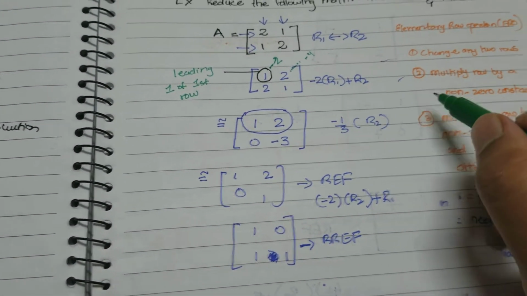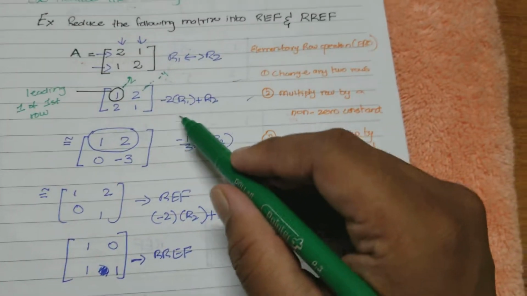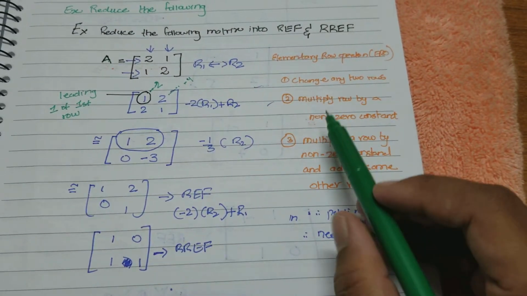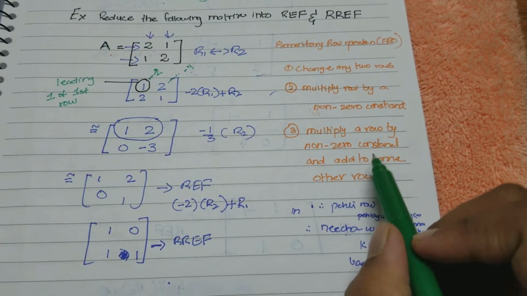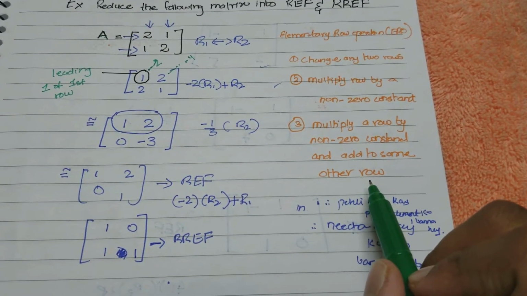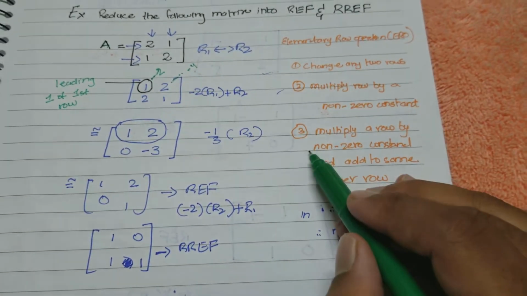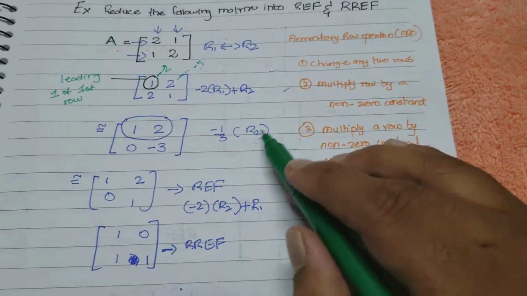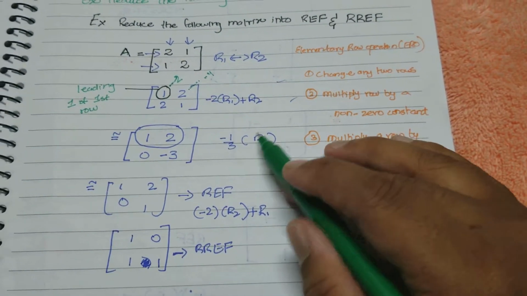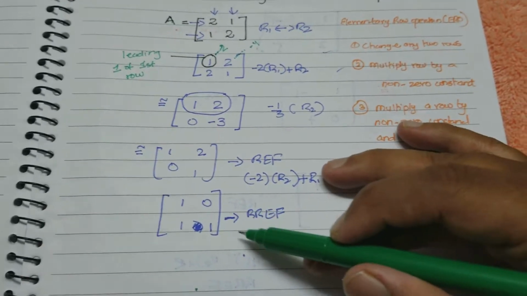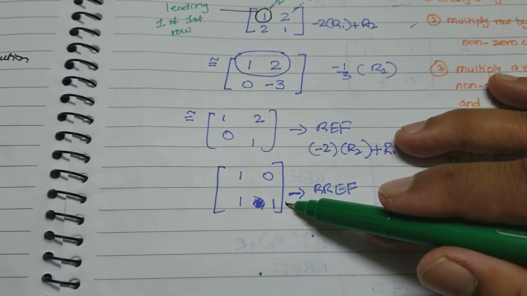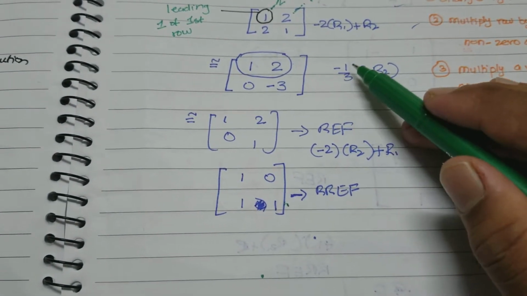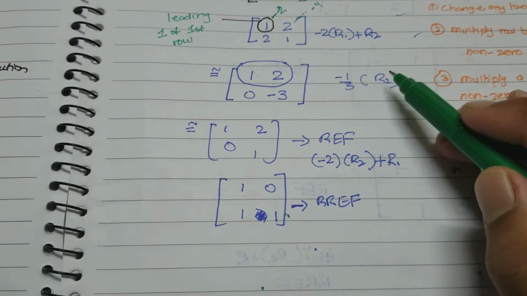This follows the rule that you can multiply a row by a non-zero constant and add it to some other row. So according to rule 3 this is valid, and according to rule 1 this is valid. Now we're going to apply rule 2. Our ultimate goal is to achieve the identity matrix, so we multiply row 2 by negative 1 by 3.